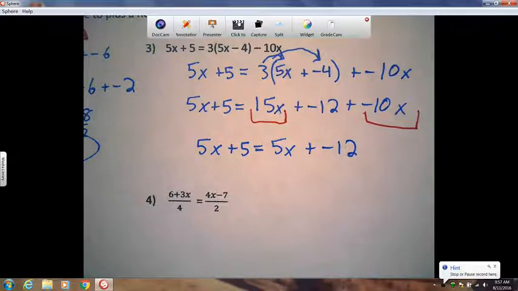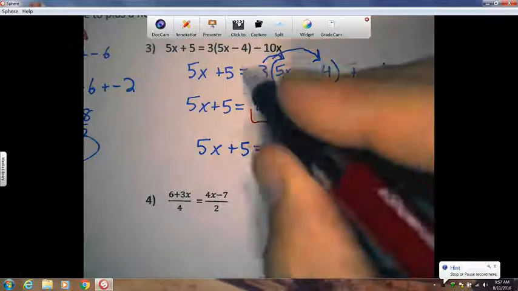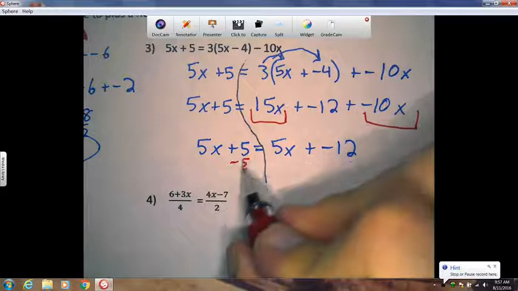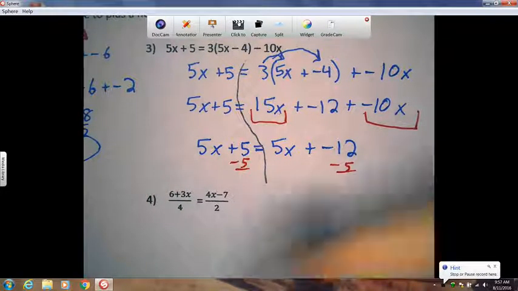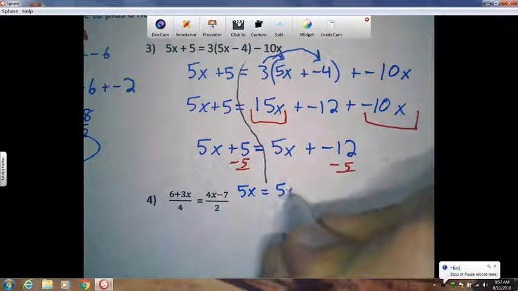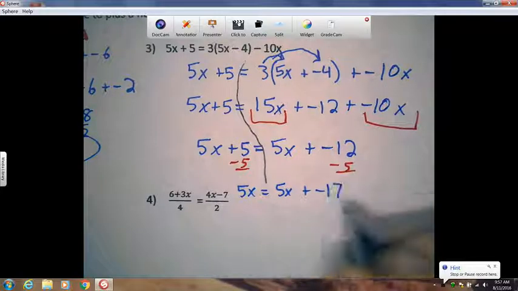Okay, so the next thing I'm going to do, and just make sure, try to keep yourself lined up the best you can. Subtract 5 on both sides. So I have 5x equals 5x plus negative 17.